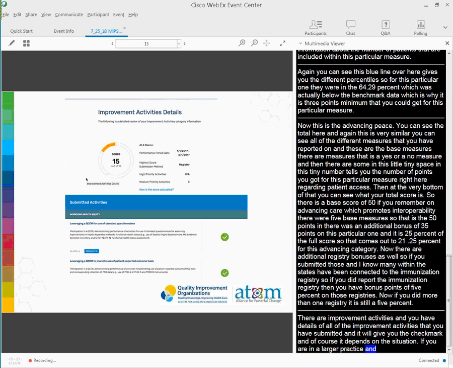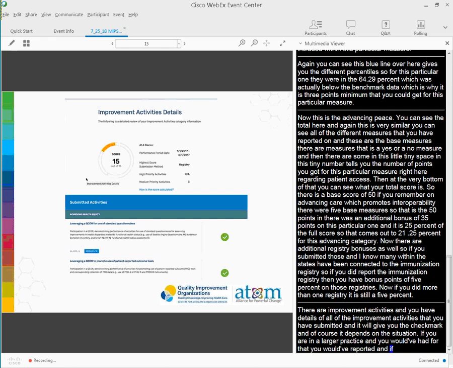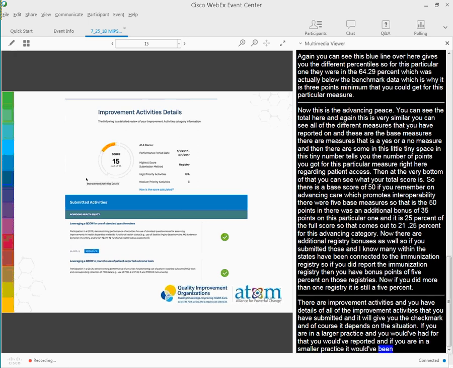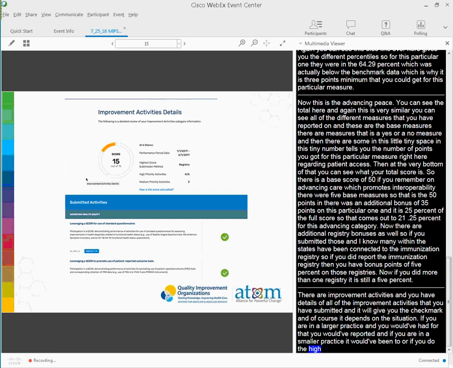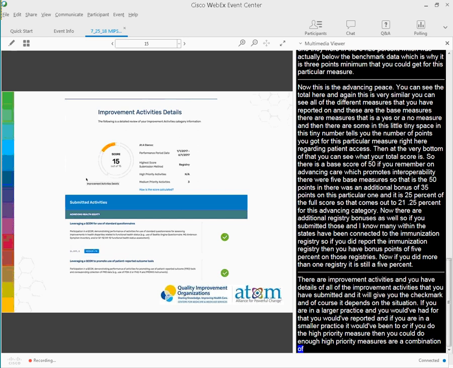And if you are in a smaller practice, it would have been 2. Or if you do the high priority measures, then you could do enough high priority measures or a combination of the 2 to get the total number of points for the improvement activities.